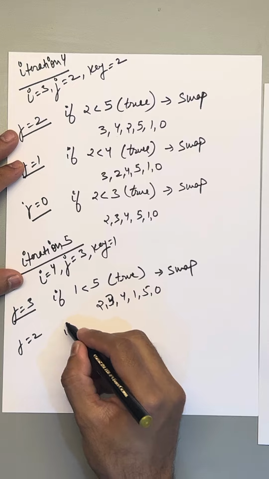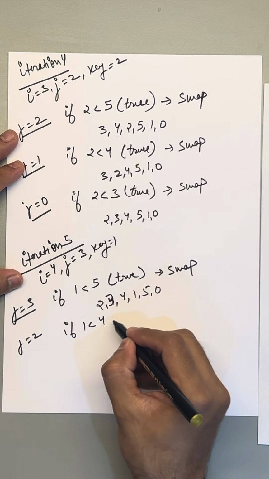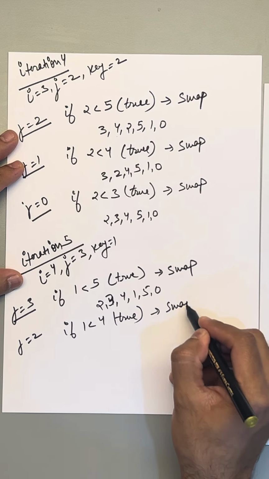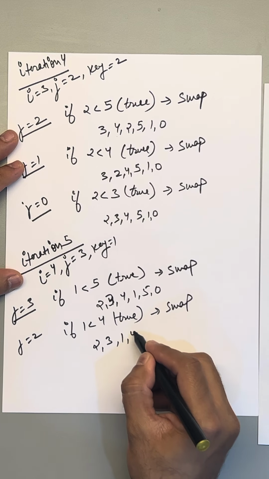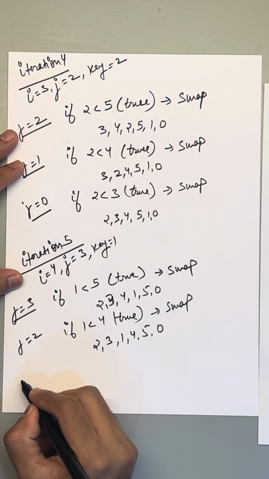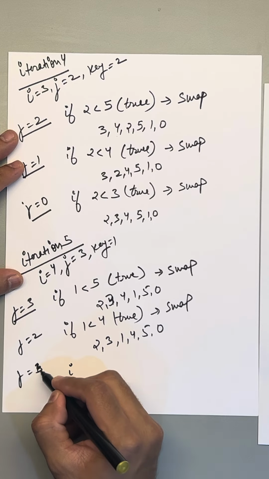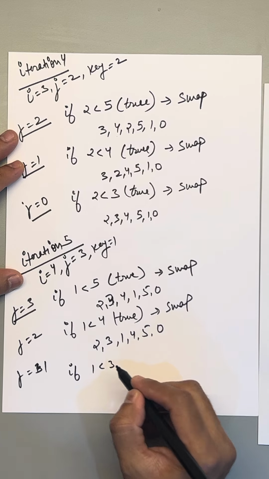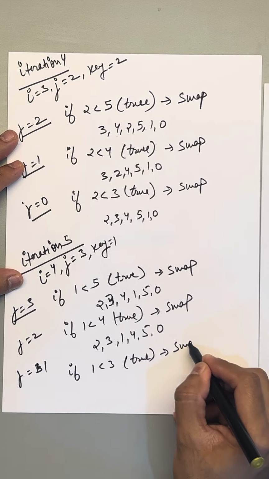For j equal to 2, it will check if 1 is smaller than 4, which happens to be true. We'll swap. The output should look like 2, 3, 1, 4, 5, 0. For j equal to 1, it should check 1 smaller than 3, which is again true.